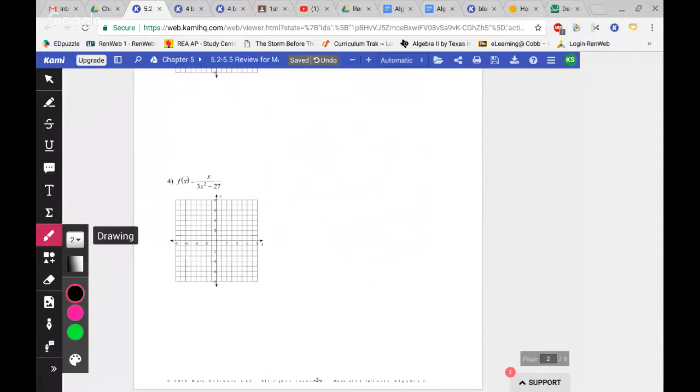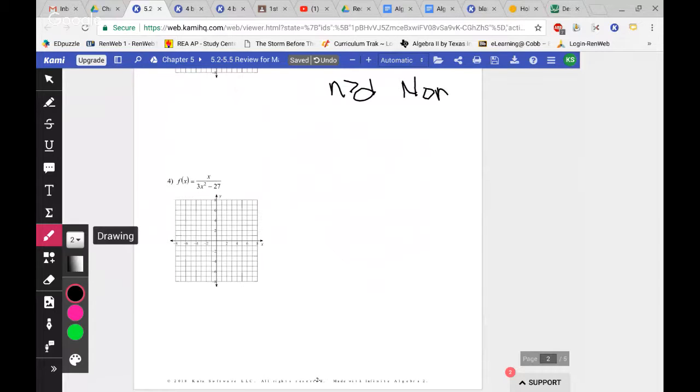For the horizontal asymptote, you want to look at your numerator and your denominator. If the degree of the numerator is greater than the degree of the denominator, then there's no horizontal asymptote.